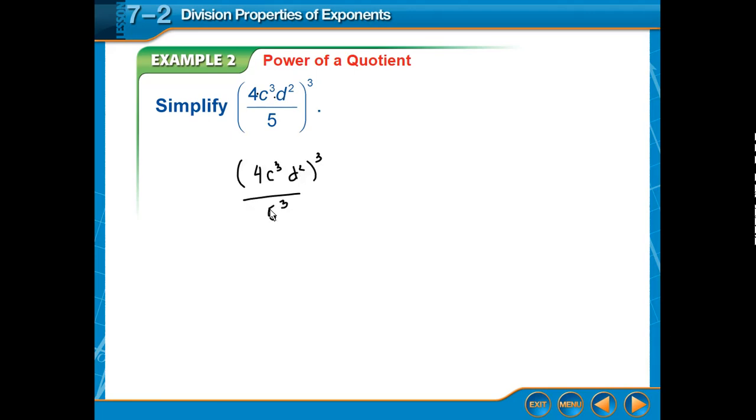So I get 5 to the 3rd down there. Now here, this is what we were doing last section, where that 3 goes into each of those things. So I'm going to have 4 to the 3rd, c to the 9th, so 3 to the power of 3. You multiply exponents, because it's power to a power. And then d squared cubed would be d to the 6th. 2 times 3 is 6, over 5 cubed.